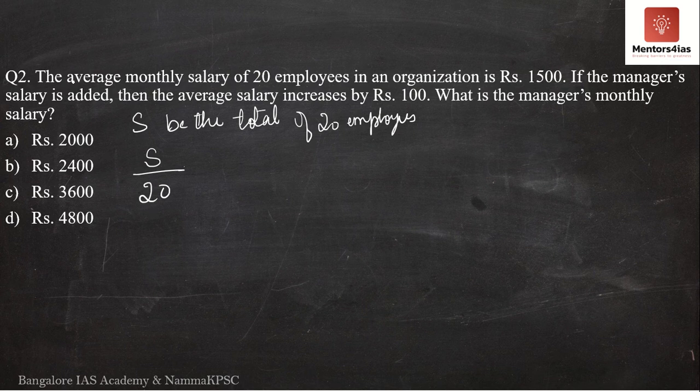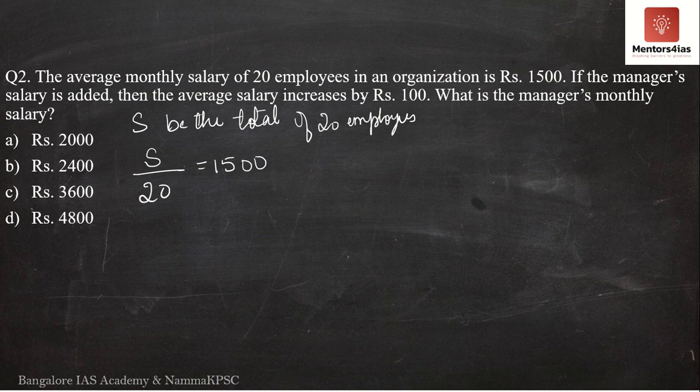The question has already mentioned that the average monthly salary of the 20 employees is nothing but 1,500. Therefore, I should be able to determine the total salary, that is S is equal to 20 into 1,500.